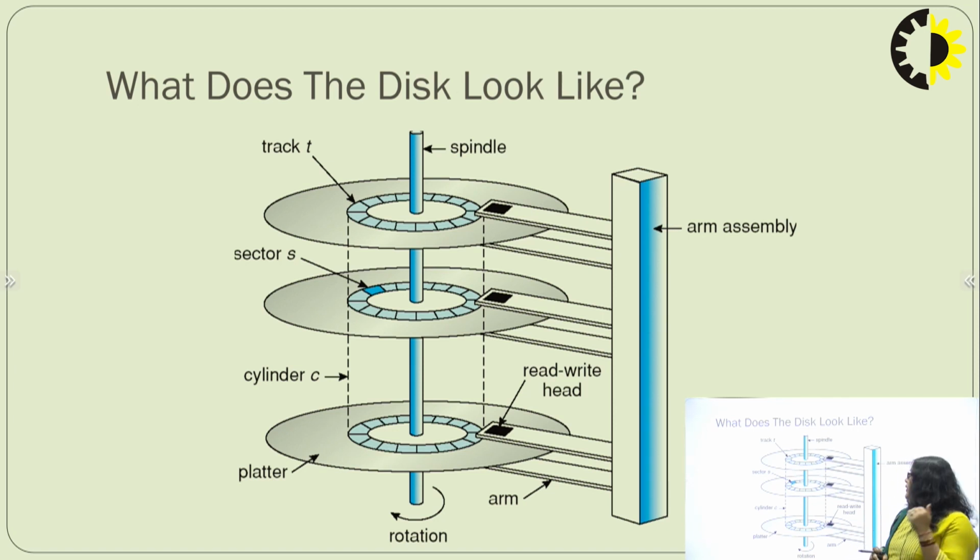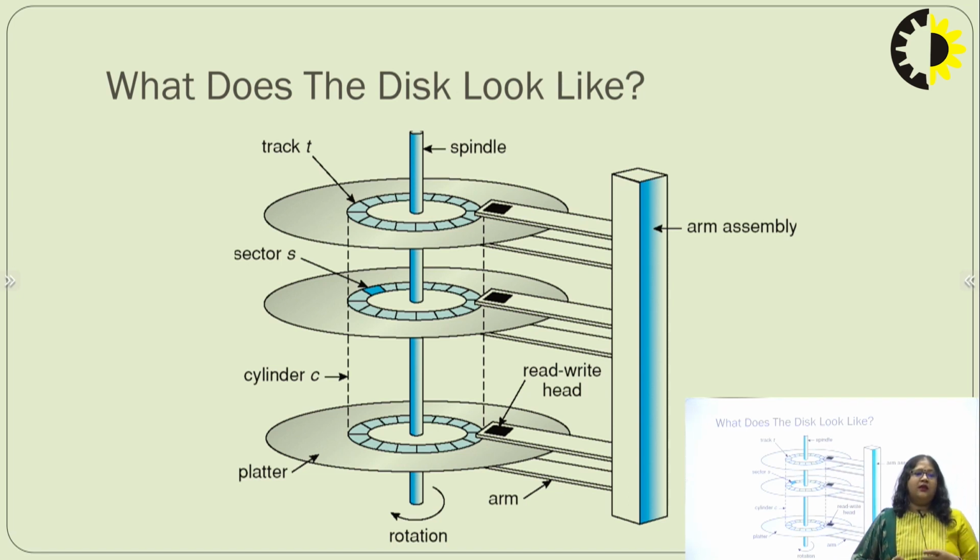Suppose we want to search for data in a particular sector, so we need to know the address of that particular sector. How do we find that address? We find the address of that sector by using the spindle and the read write head. This is a spindle.